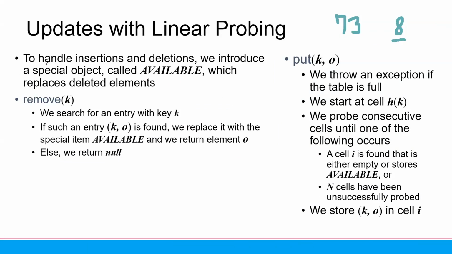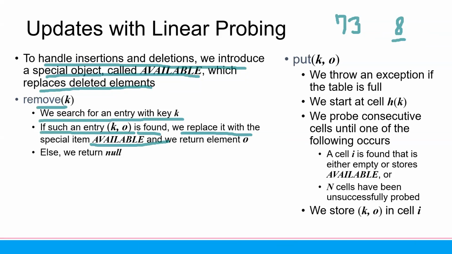So to handle insertion and deletion, we introduce a special object available which replaces deleted elements. When we remove, we search for an entry with key k, and if such an entry (k, o) is found, then we replace it with the special item available and return the element o.